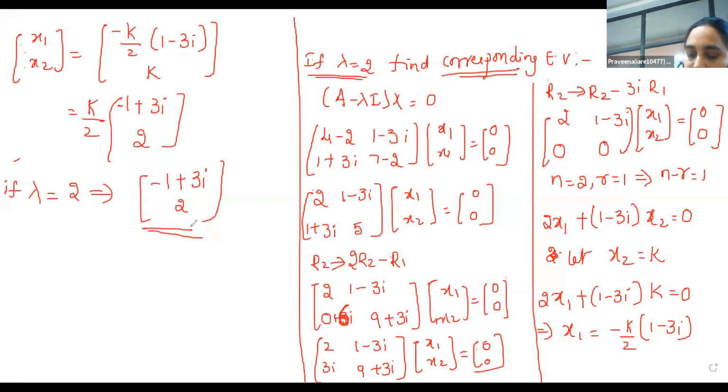J1, J2, J3. Who is that, ma? J2. Okay, so J3, J4, J5, J6, J7, J8, J9. Who is that, ma? Okay.